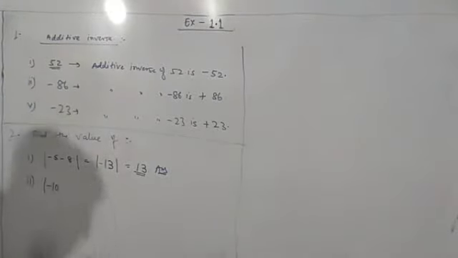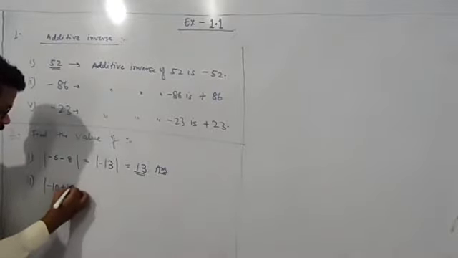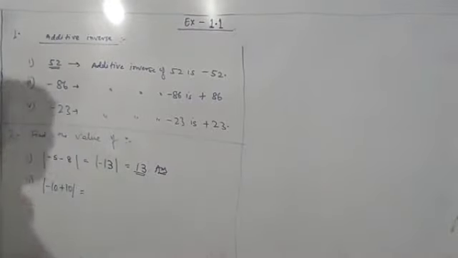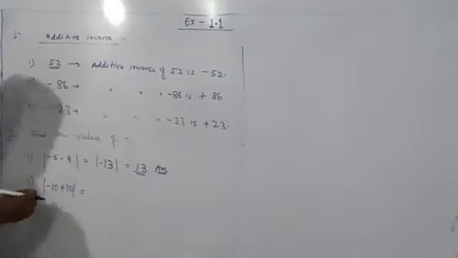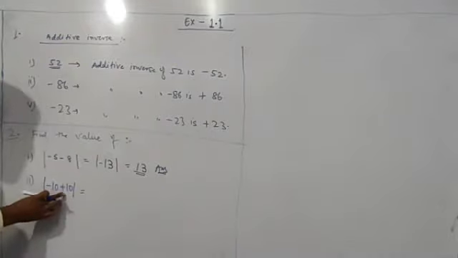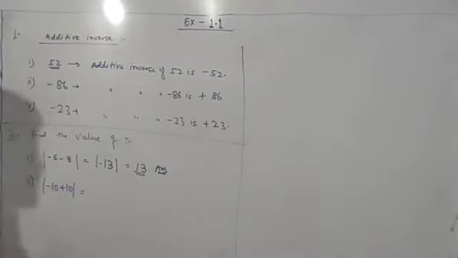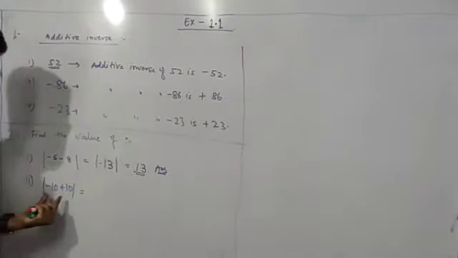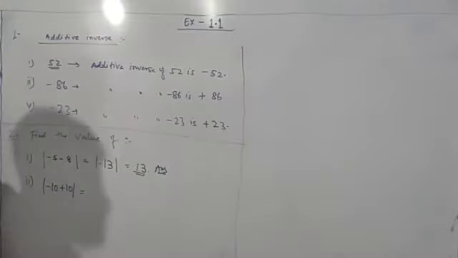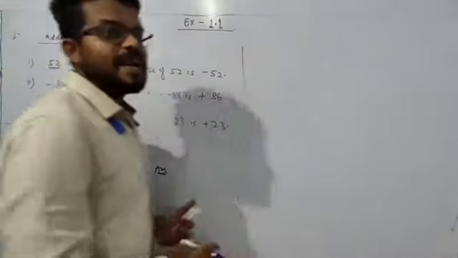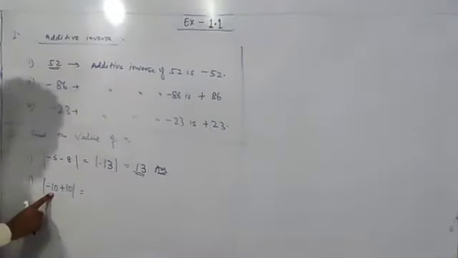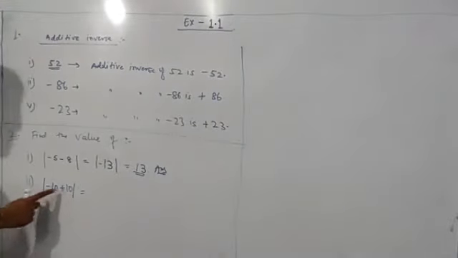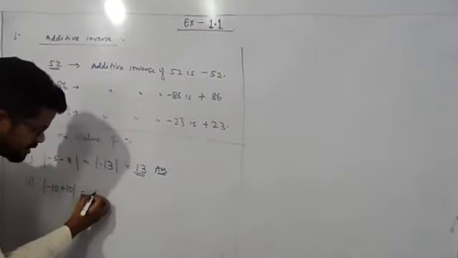-10 plus 10. Here this is minus, this is plus. The signs are different, so in case of different signs, we simply subtract the two values. -10 and 10 gives 0.